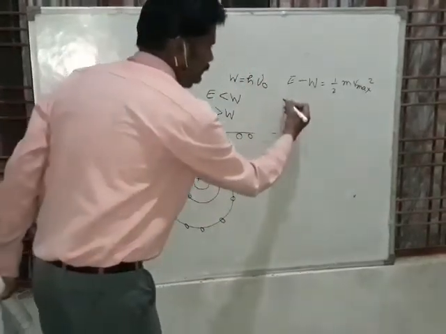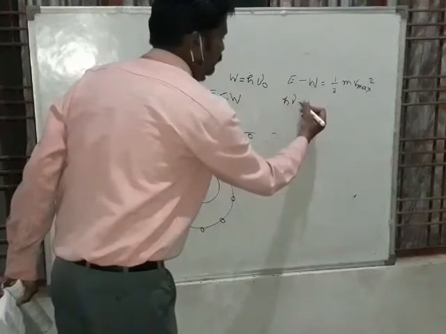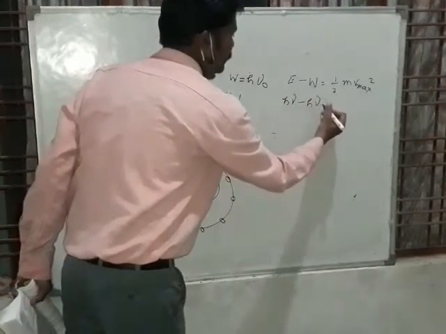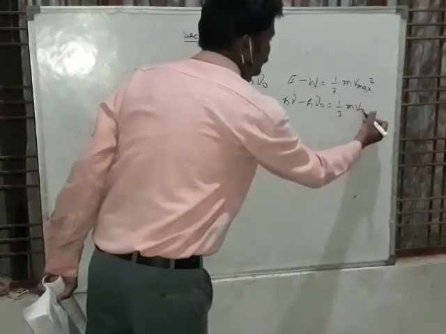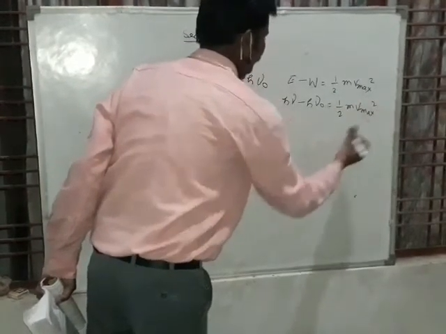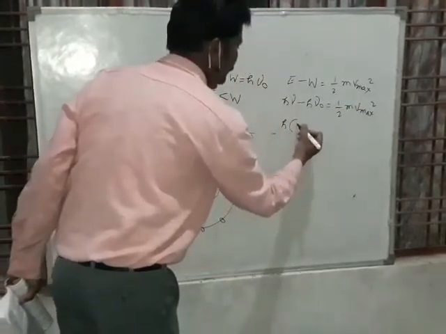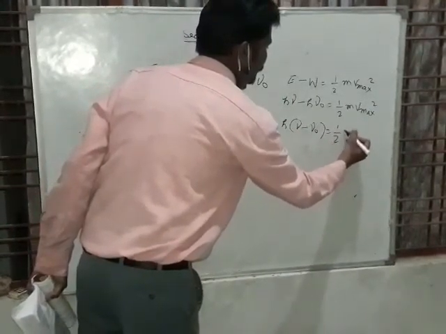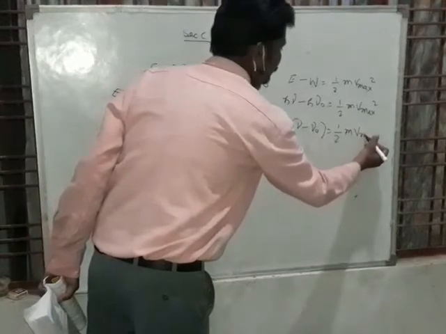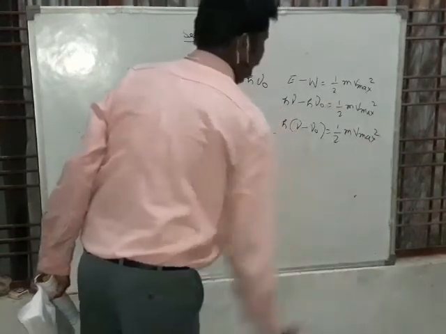We can write h nu minus h nu naught equals half m v maximum square, or h in bracket nu minus nu naught equals half m v maximum square.